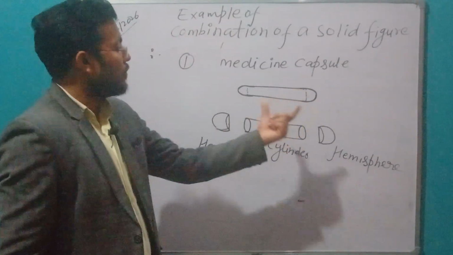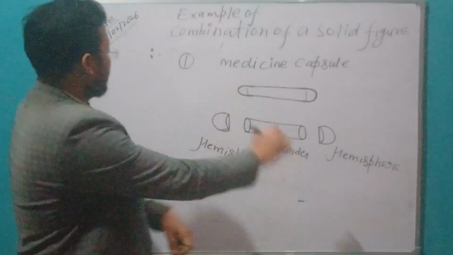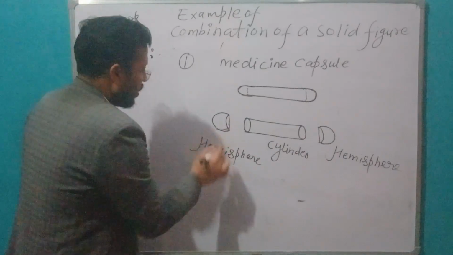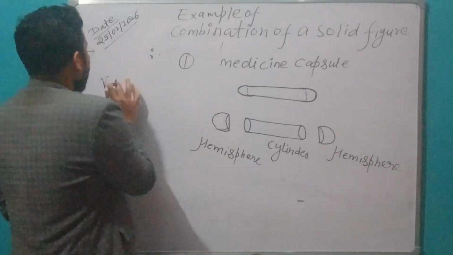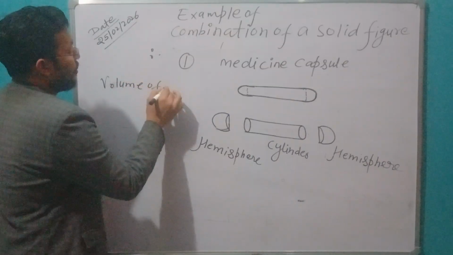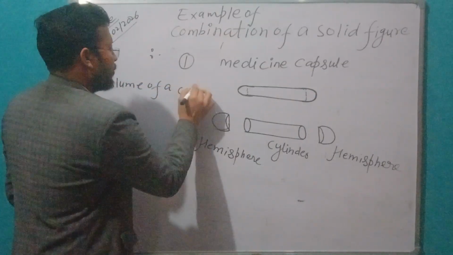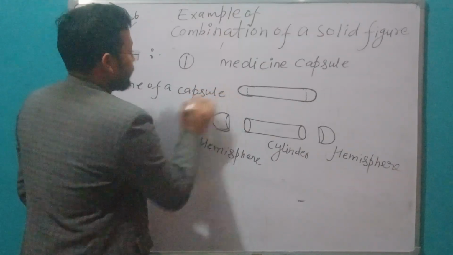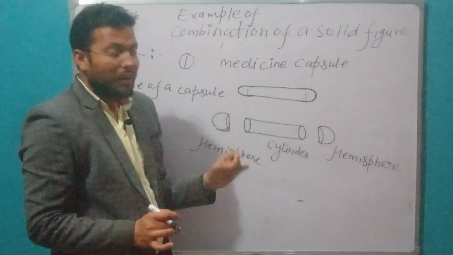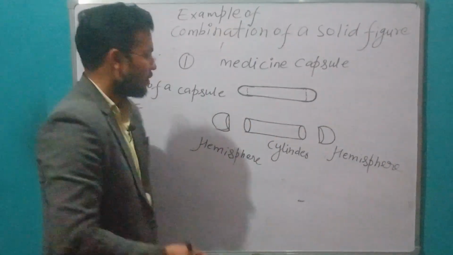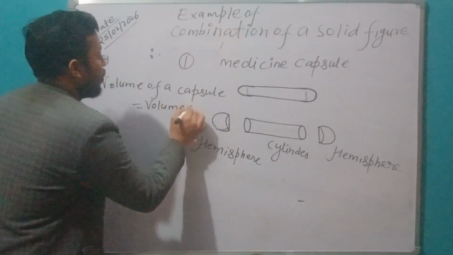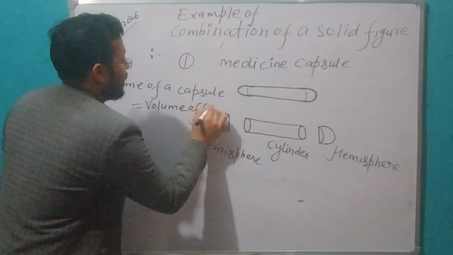So sir, how to find the volume of this capsule? The volume of a capsule is equal to the volume of two hemispheres and the volume of a cylinder.